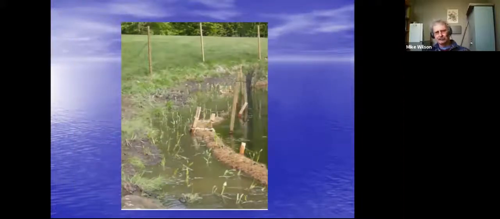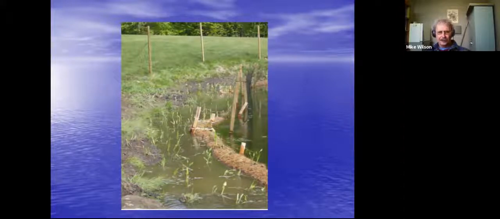But this is that same project after planting, as the water was beginning to fill. And you can see here they used what's called a coir log to hold back that planting material and prevent that soil from washing into the waterway. Once those plants are established, that material will not wash into the waterway.